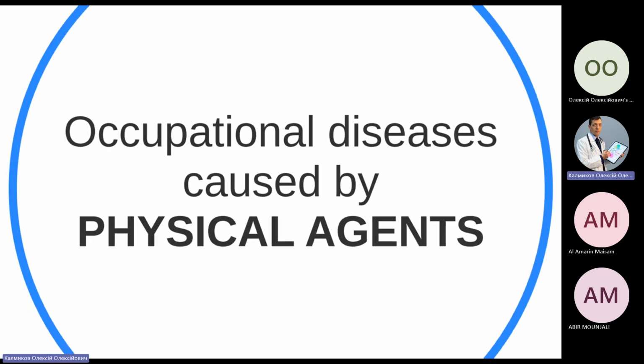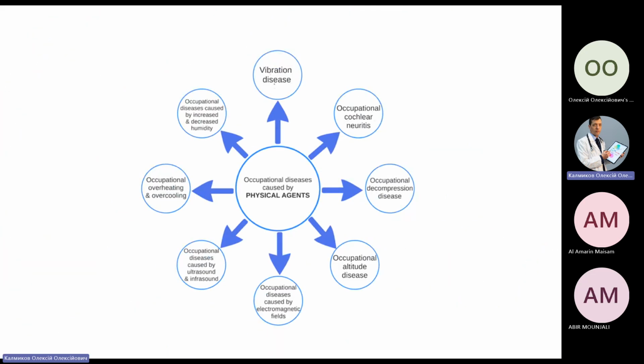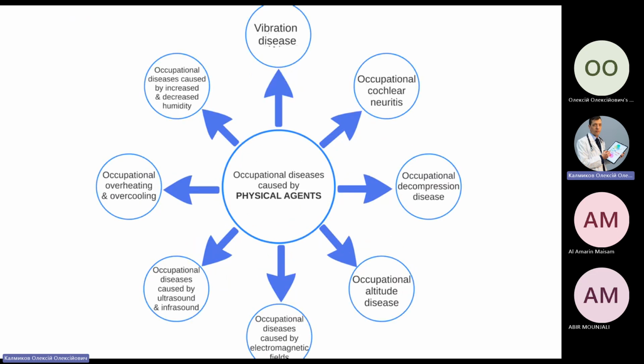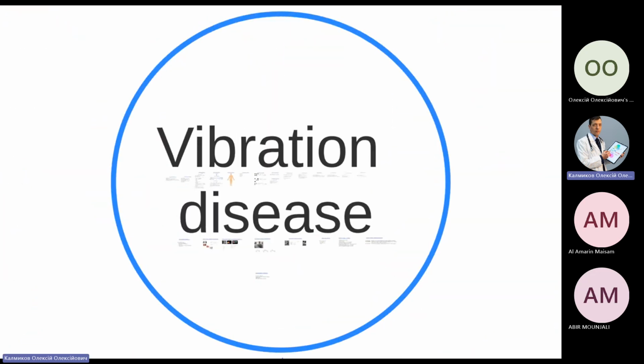So, first of all, occupational diseases caused by physical agents is a heterogenic group of diseases, including a set of them. Let's discuss them one by one and then focus on the main of them. First of all, vibration disease.